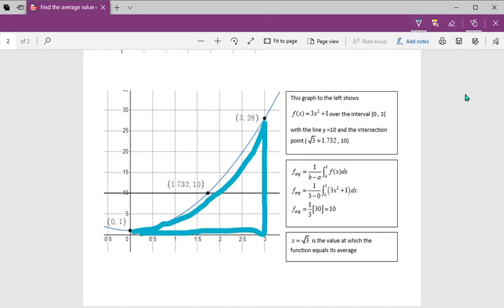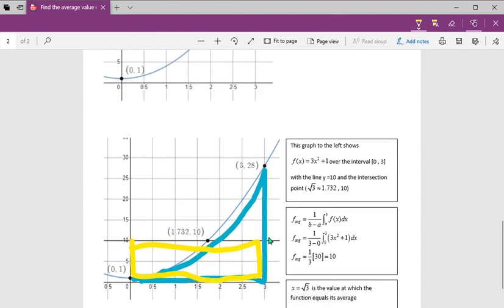All right, now another interesting result of the mean value theorem, which is emphasized in other areas of calculus, is this rectangle that gets formed here. Its area is the same as the area under the curve. For what we do in this class, that's not as important as other applications.